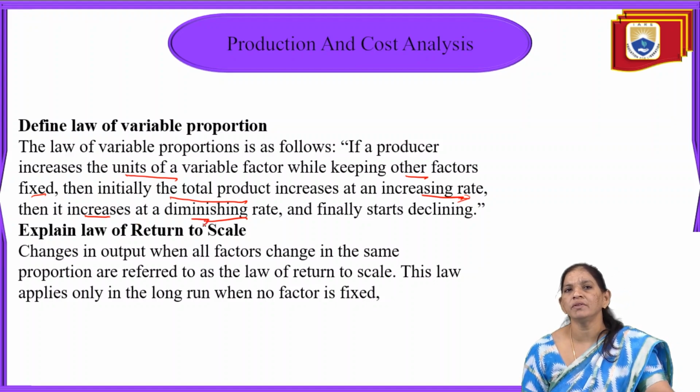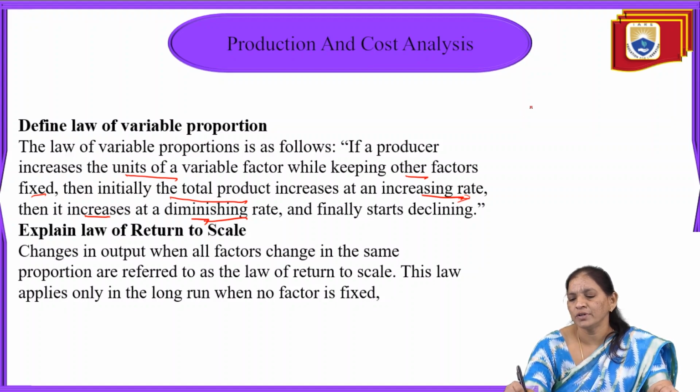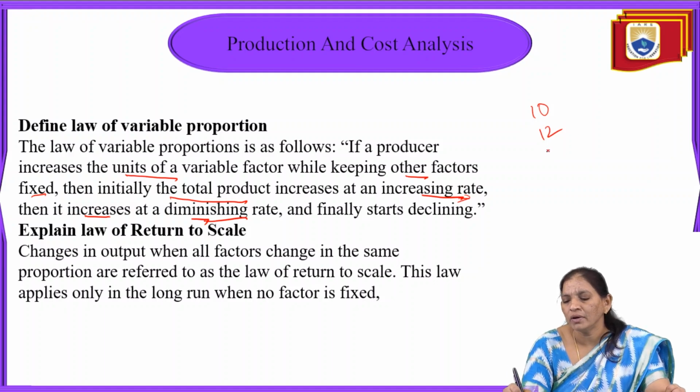Compared with the earlier stage, production is still increasing, but at a decreasing rate. For example, first we increase by 10 units, next 12 units, now 11 units.